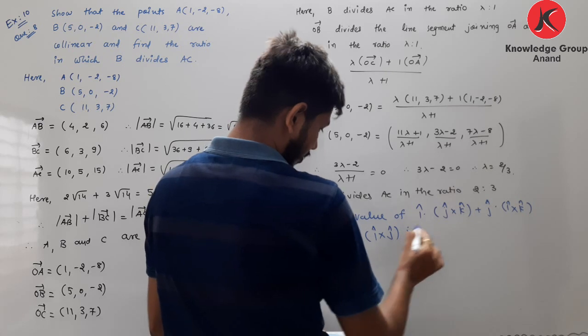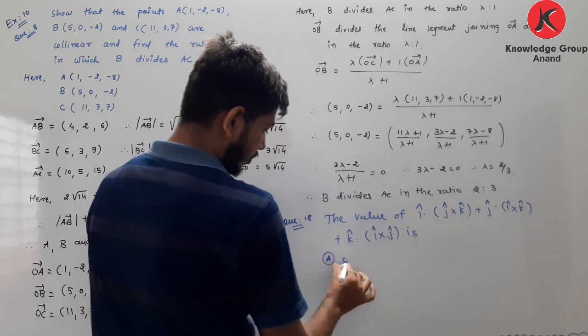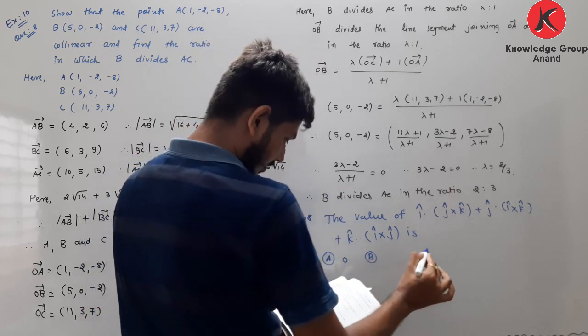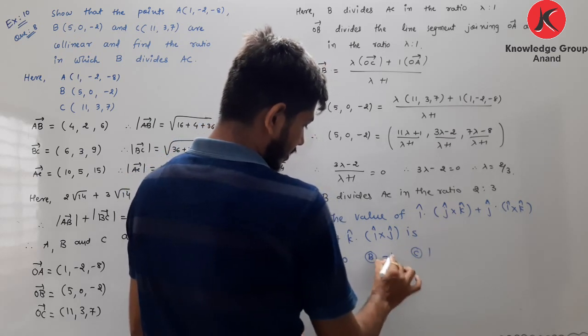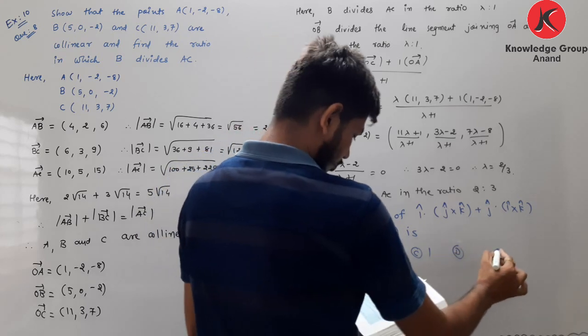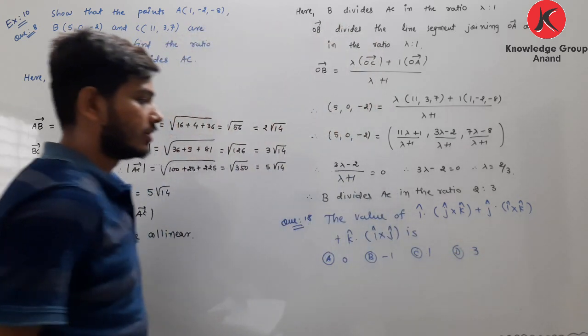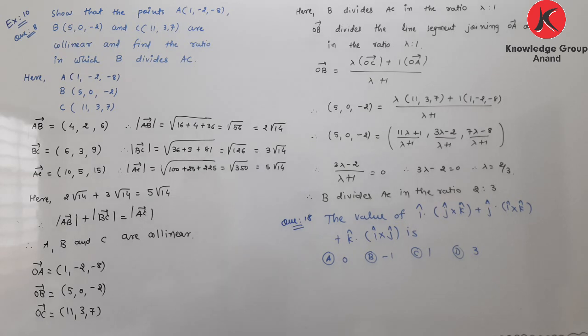Option A is here 0, option B -1, option C is 1 and option D which is equals to 3 here. Okay, there are 4 options given. This is the first MCQ type question.